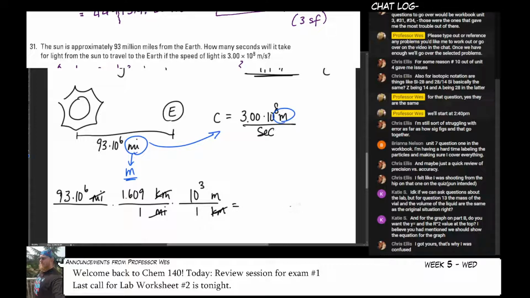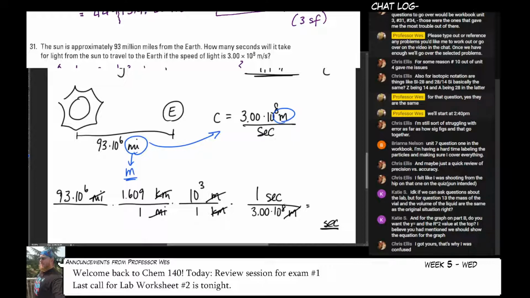But now what I'm going to do is this. Because now I would cancel this out, and it would tell me how many seconds it was, wouldn't it? Because in 1 second, light goes 3 times 10 to the 8 meters, right?